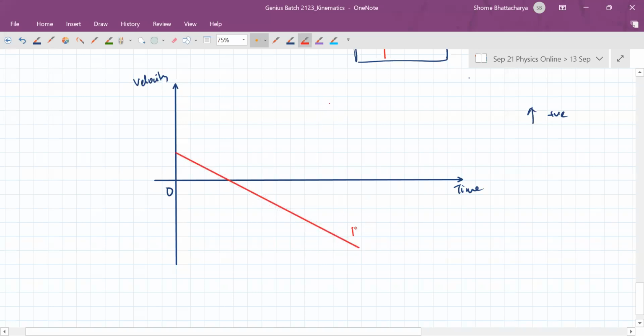So for the bolt, it is +4 initially and its acceleration is -10 in the ground frame. So at 1 second, the velocity would have become -6, right?